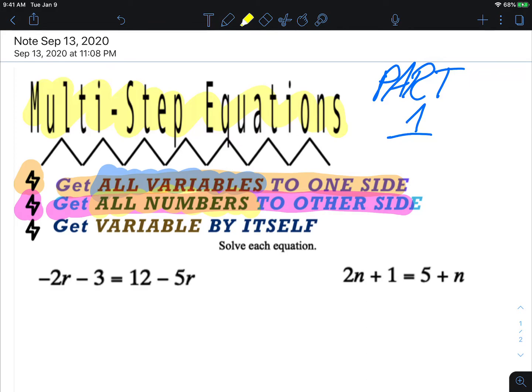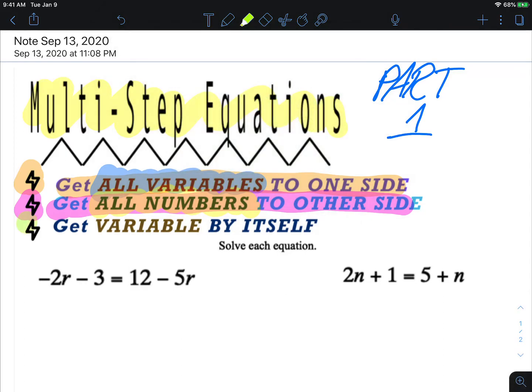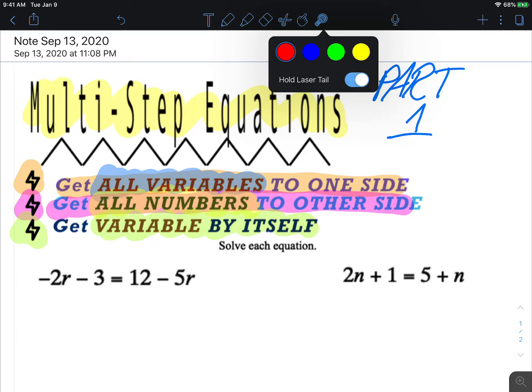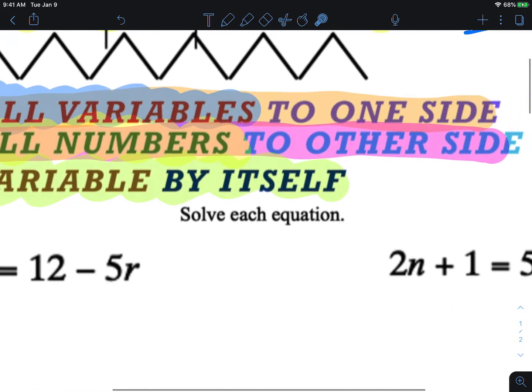And finally, lightning bolt number 3: get the variable by itself. We want to get the letter in the equation by itself in order to create a balance. We want to know what's missing to create that balance. So we are going to solve each equation.